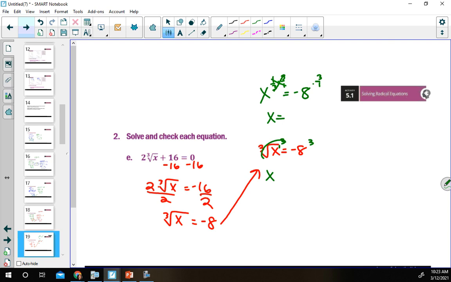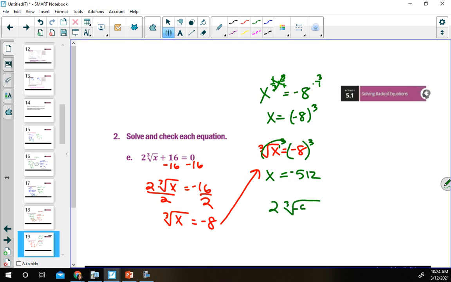Then I'm really doing -8 to the 3rd power, which is -512. Okay, now let's plug it back in.